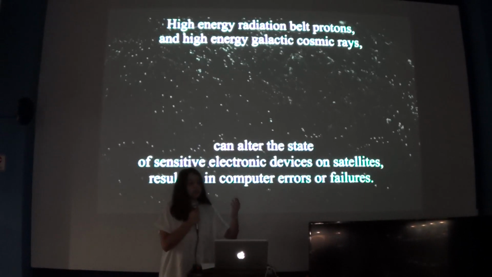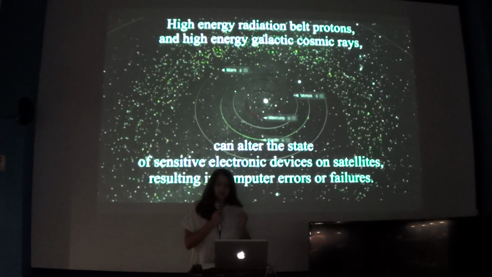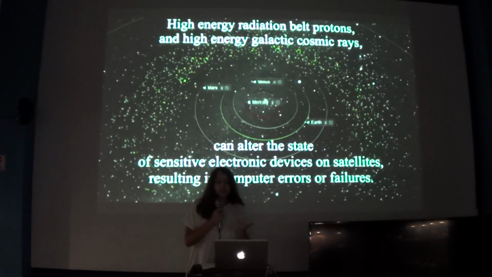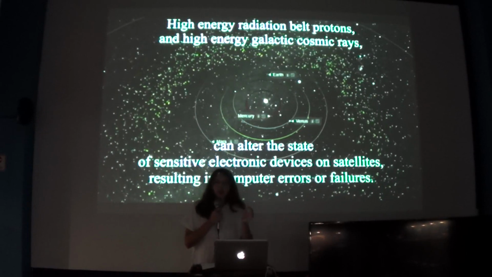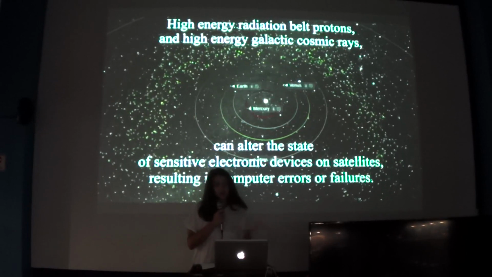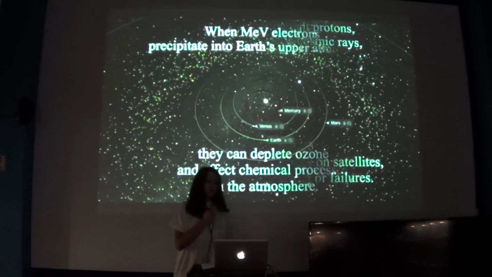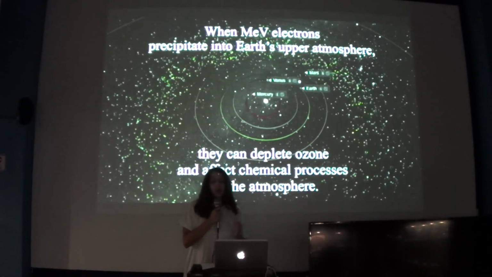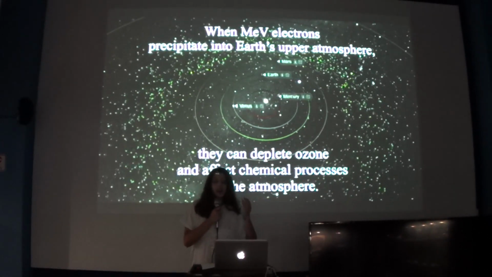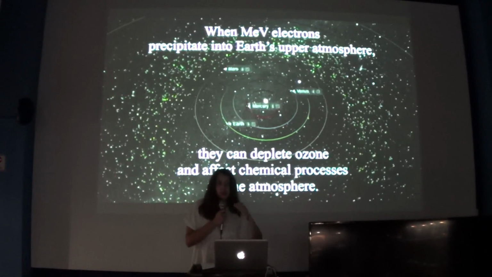High-energy radiation belt protons and high-energy galactic cosmic rays can alter the state of sensitive electronic devices on satellites, resulting in computer errors or failures. When energetic electrons precipitate into Earth's upper atmosphere, they can deplete ozone and affect the chemical processes in the atmosphere.